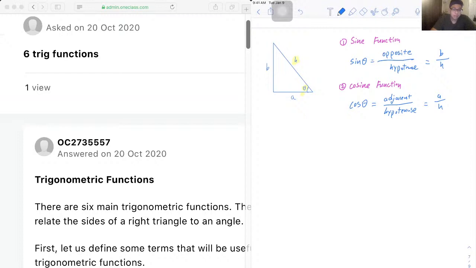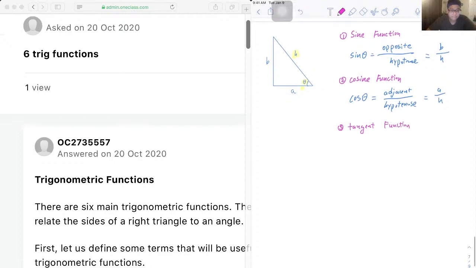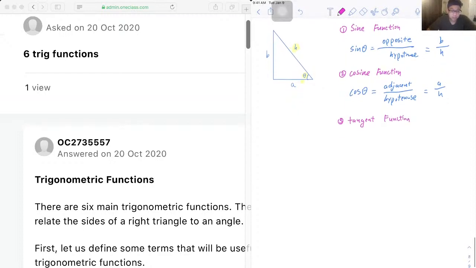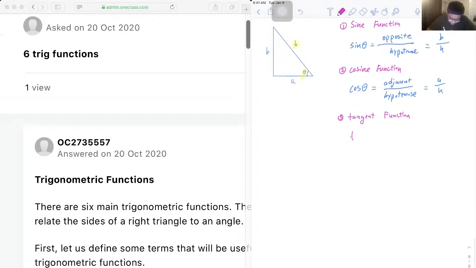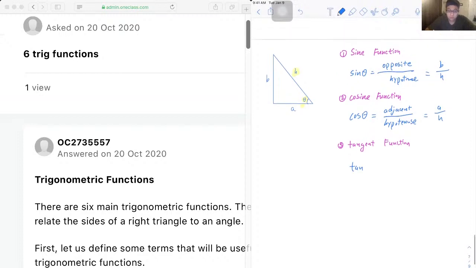Okay. So coming up, we have our tangent function. All right. So this relates the angle, the opposite side and the adjacent side. So we write TAN as a symbol of tangent.